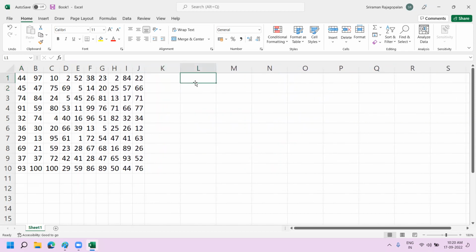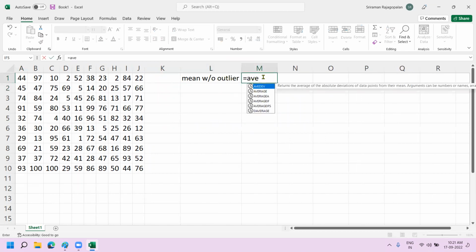So the formula for mean in Excel is called AVERAGE, and select the sample for which you want to calculate the average value.